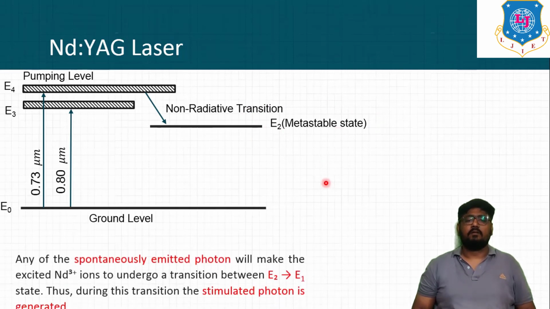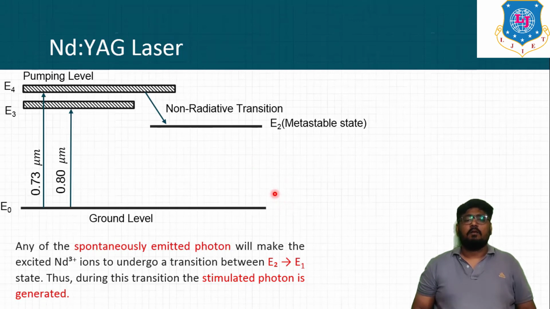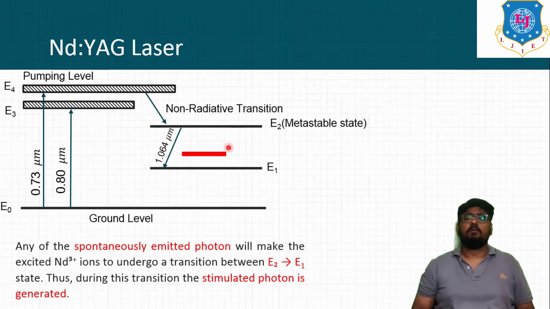Thereafter, any spontaneously emitted photon will make the excited Nd3+ ions undergo a transition between the E2 and E1 states. Thus, during this transition, stimulated photons are generated and a laser output is obtained.